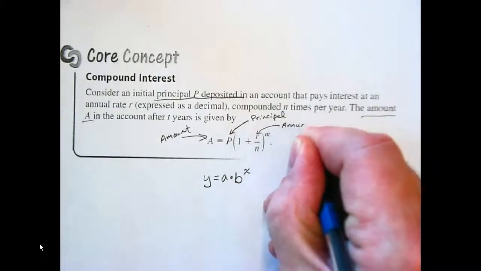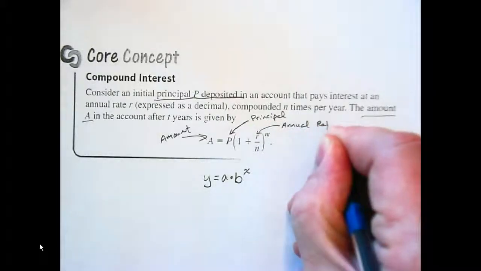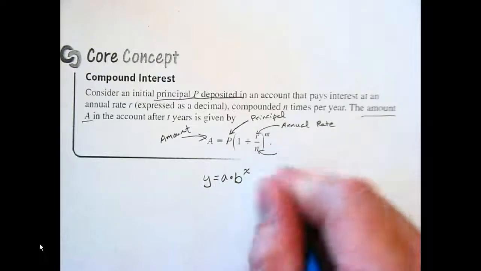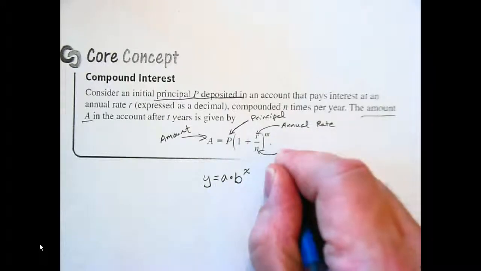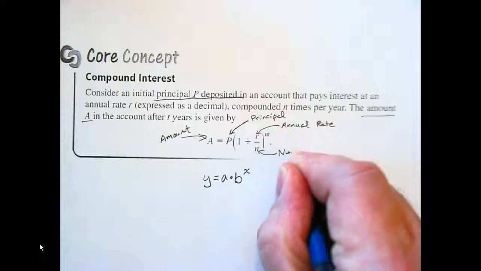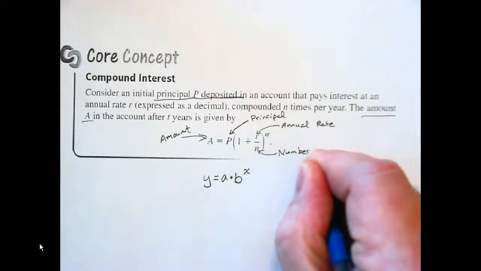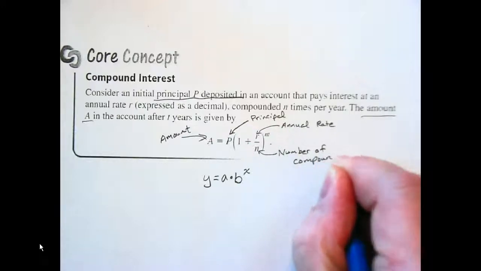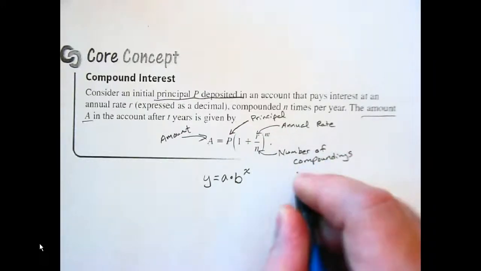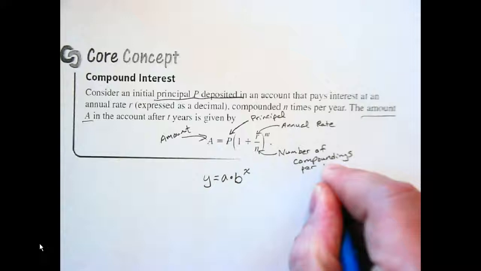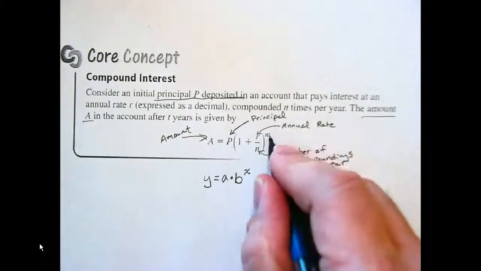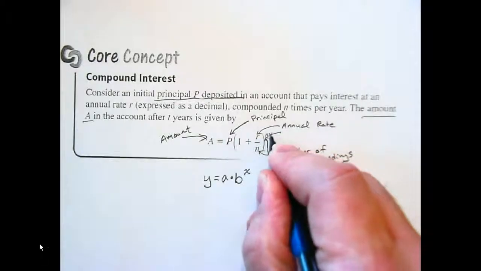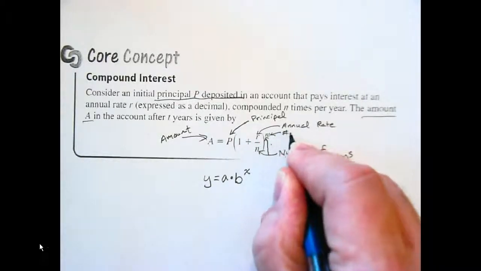What does annual mean? Good. n stands for the number of times compounded per year. And t, by the way, that n and that n are the same. t stands for number of years.